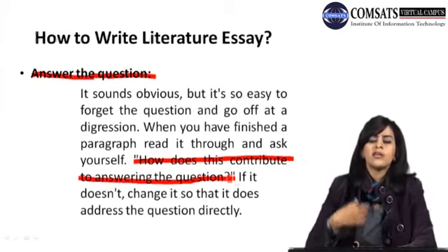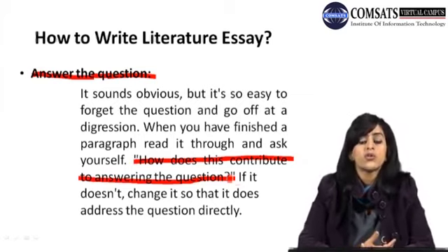So in this way, once you reread your paragraph and ask yourself how it is related to your main thesis statement, you can write one good paragraph, and then paragraph after paragraph, to make sure that all of them support your main thesis statement.